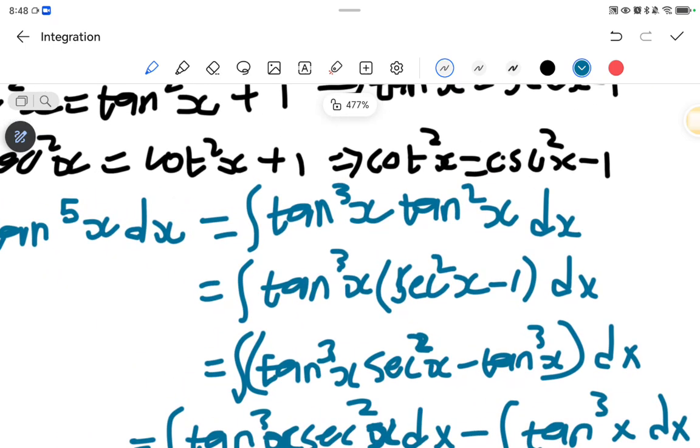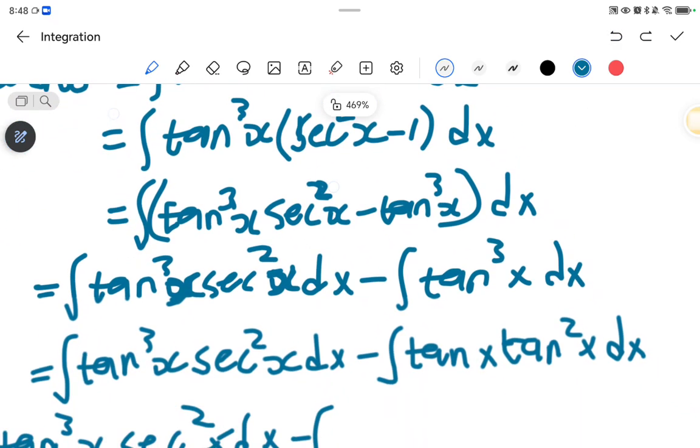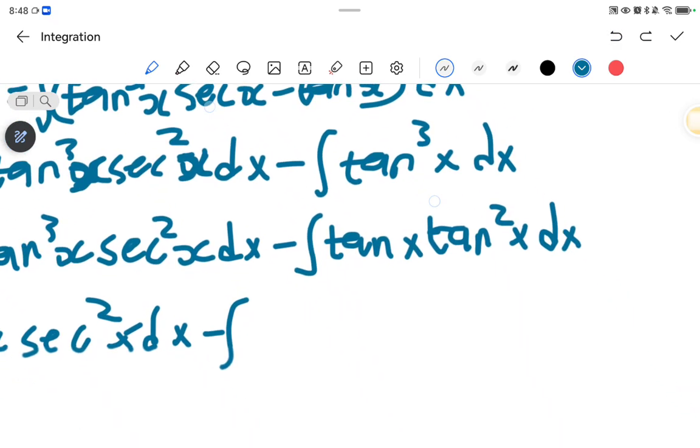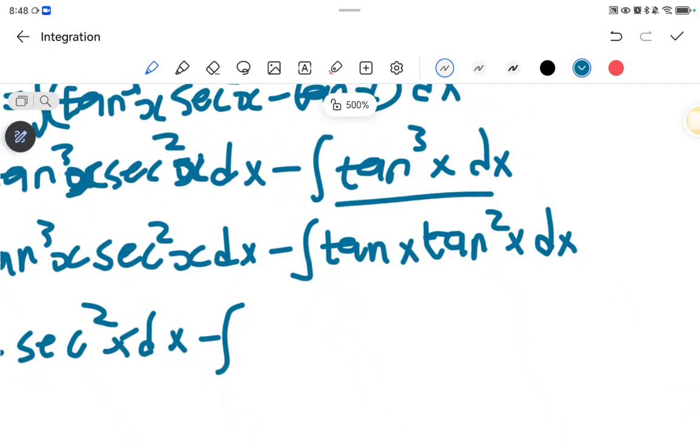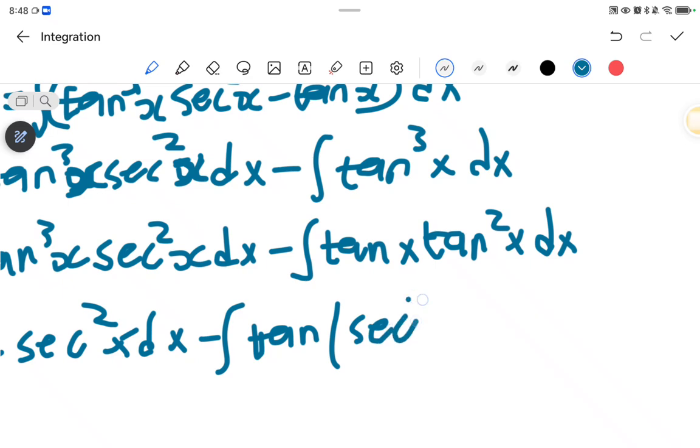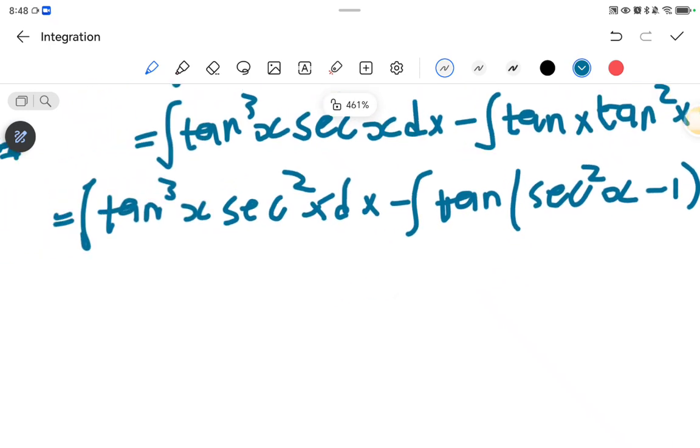I dropped the tan, I changed it to sec squared x minus 1. Then I simplified through. Here I'm also gonna do the same thing if I was given tan to the 3x. You see, right? I dropped the tan, I simplified that, I changed it to sec squared x minus 1 dx. Then I multiply through. That's what I'm going to do. It's like the same steps. You see right now. I'm going to apply the same steps.